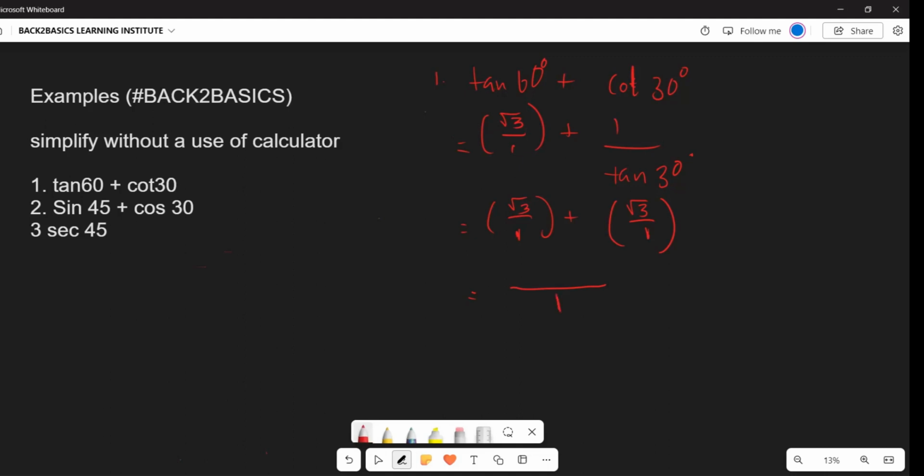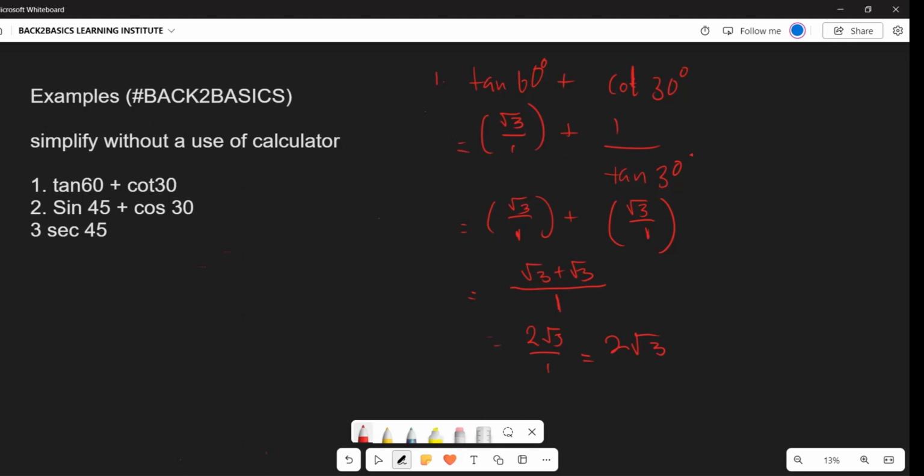Then you add the root 3s: root 3 plus root 3, which is 2 root 3, over 1. But anything over 1 is the same, so your final answer is 2 root 3.